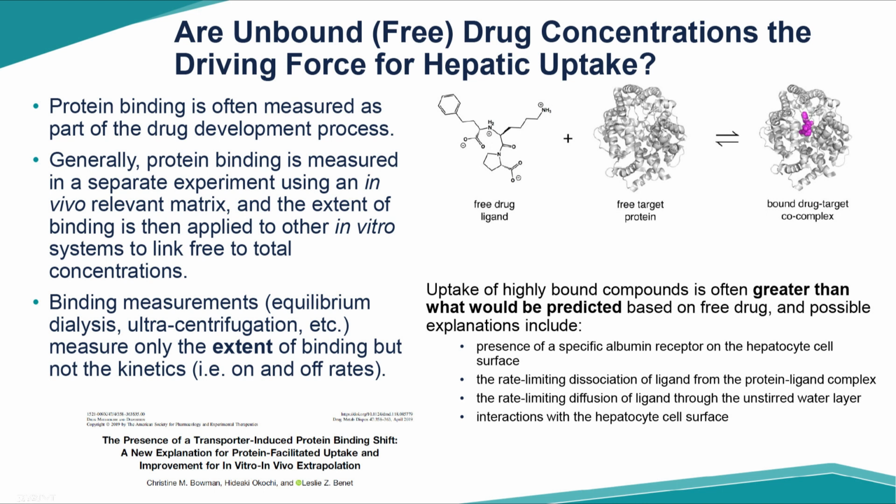There have been a number of theories over the years: a specific albumin receptor on the surface that increased uptake, some ideas of rate limiting dissociation from the protein or rate limiting diffusion, and various other interactions at the cell surface. And if you want, there's a nice summary article of some of these things written by Christine Bowman out of Les Bennett's lab that summarizes a lot of these very nicely.